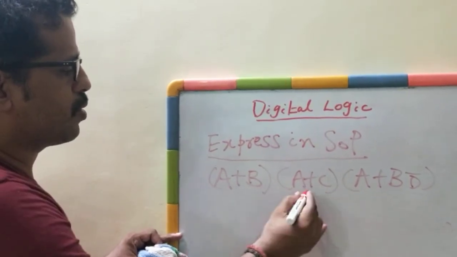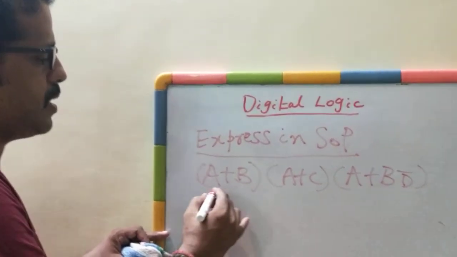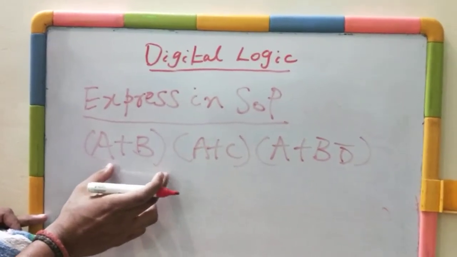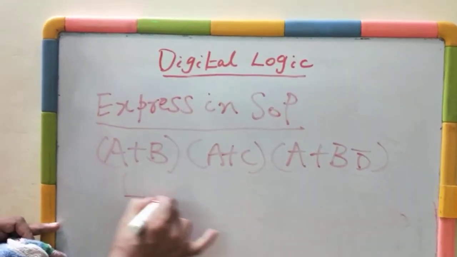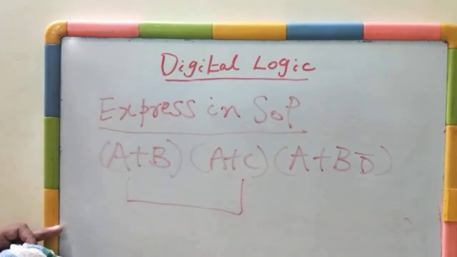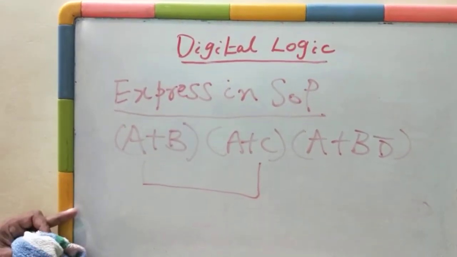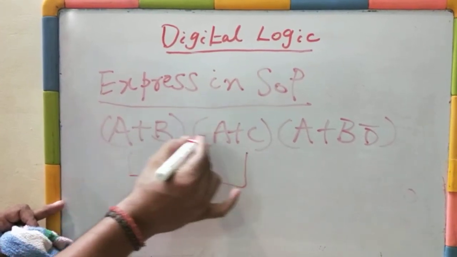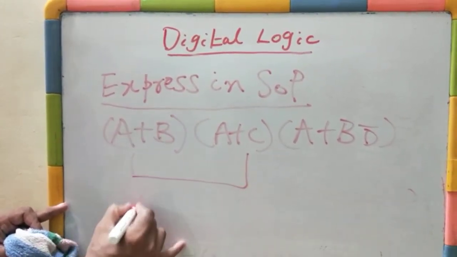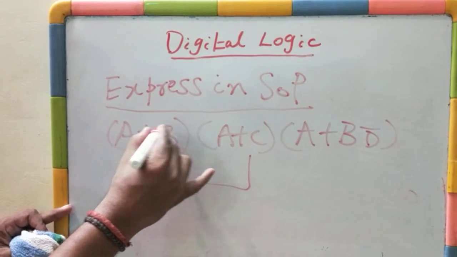So look into this expression. I will do it slowly because I will take the first two terms. What kind of law do we need to follow? It clearly tells that it is the distributive law. What is the common variable in both the expressions? A. So A, and the common operator is plus.